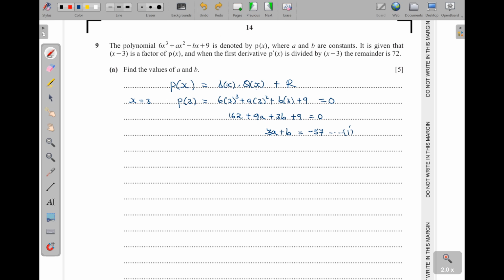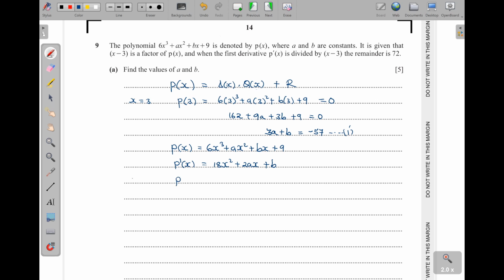Then the next one, I need to differentiate, because they said p prime, that's a derivative. So p of x is equal to 6x cubed plus ax squared plus bx plus 9. When you differentiate, it gives us 18x squared plus 2ax plus b.